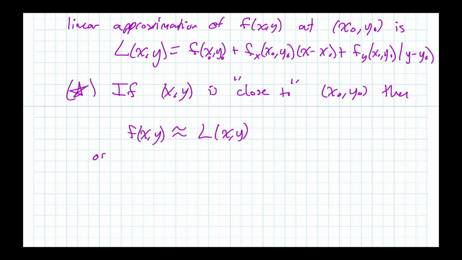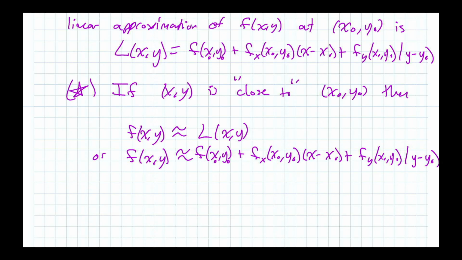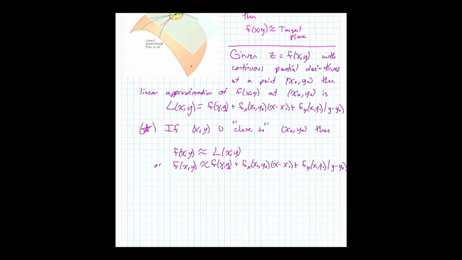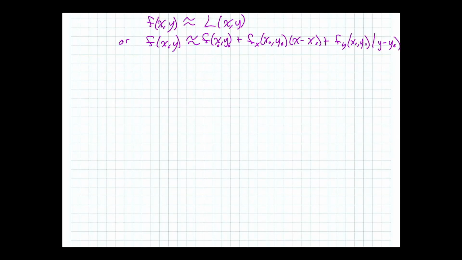Or, if you want to write out what that is, the L of x, y is the equation of your tangent plane. So it's this. Okay, so those are your definitions for linear approximation. It's literally the exact same thing that we were doing. So yeah, let us do a problem. Okay, good.